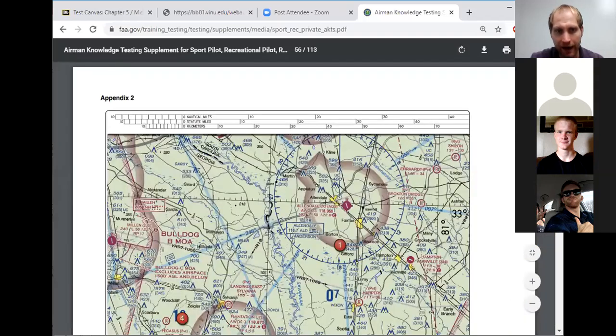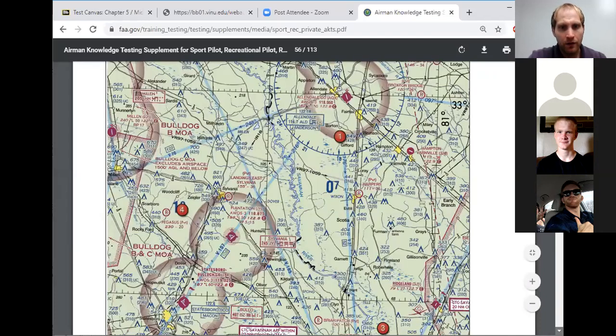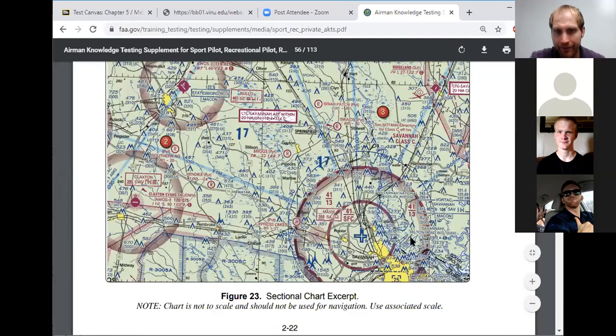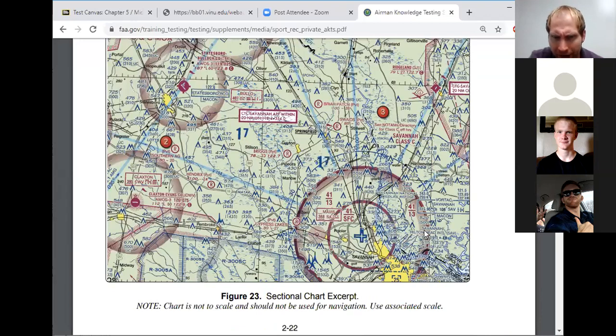Oh yeah, look at this nice looking sectional chart. So when we study Savannah Airport, here's the city of Savannah. Here's the airport data block. It's in blue because it's a control towered airport, remember that? Savannah, Hilton Head, and here's all the information. We've covered that multiple times. Let's focus on the airspace, the outer shelf versus the inner core.